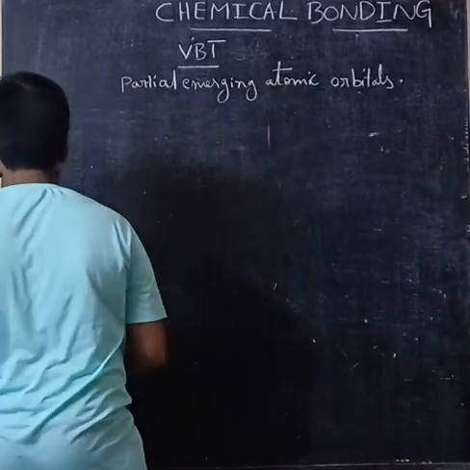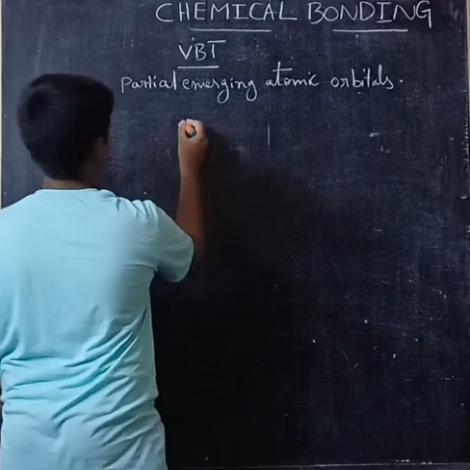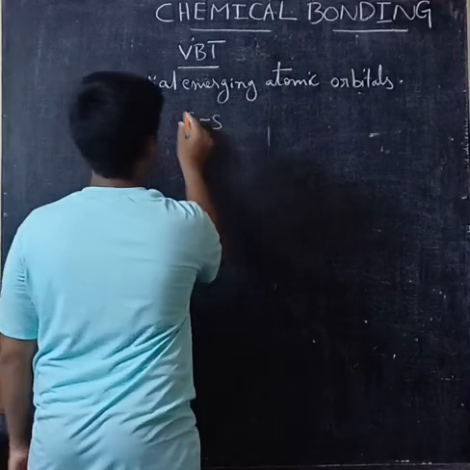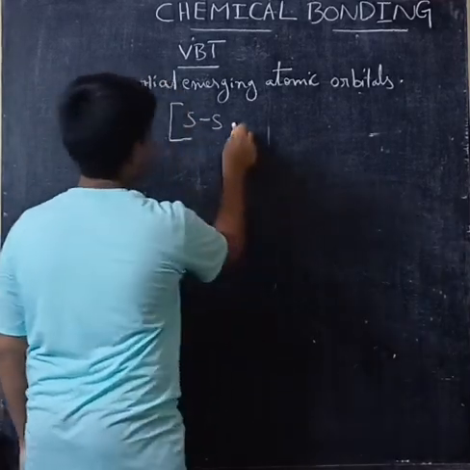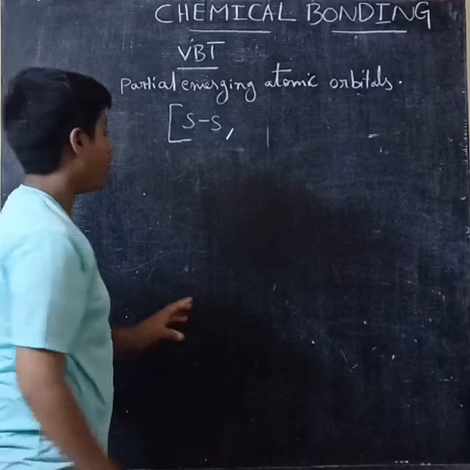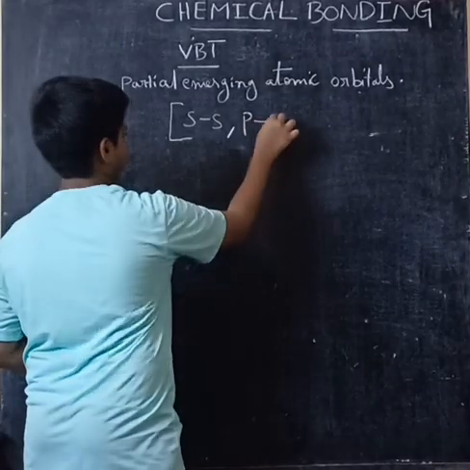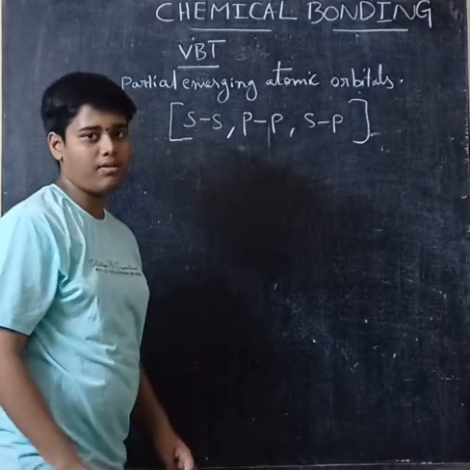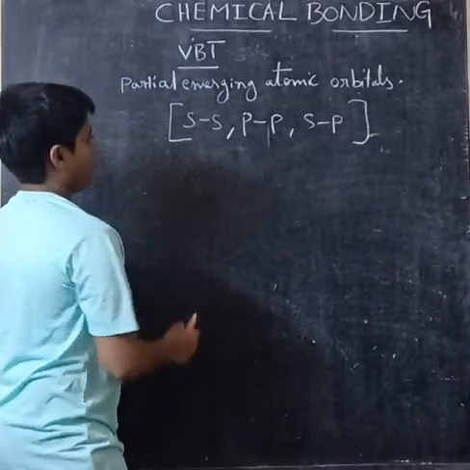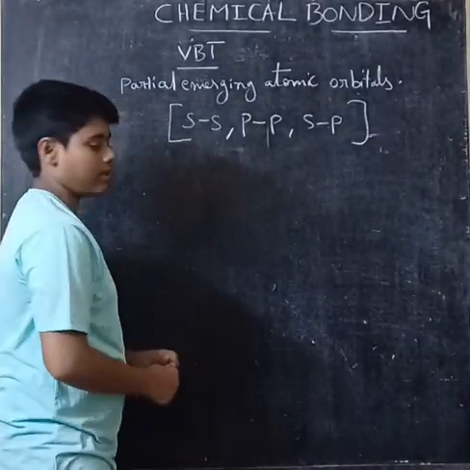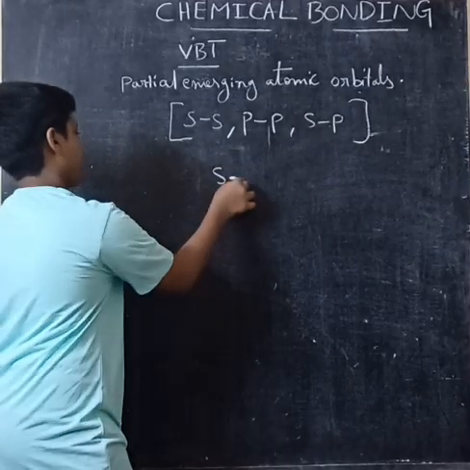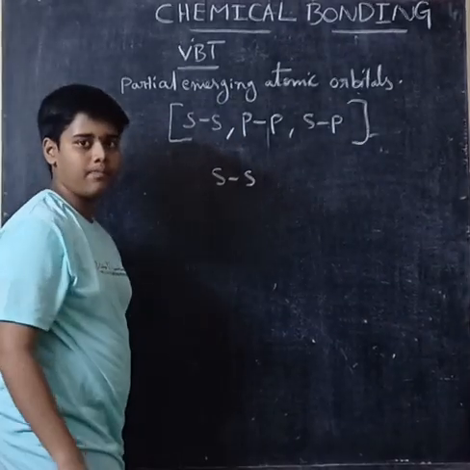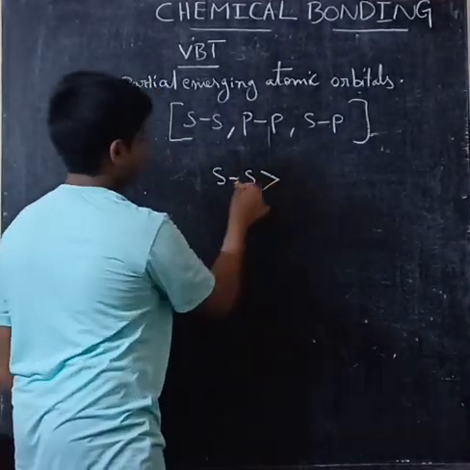But in this, you will get a doubt. According to VBT, there are 3 overlaps, which means SS, PP, SP. These are the common overlaps. But here, which is stronger? SS overlap is the strongest.